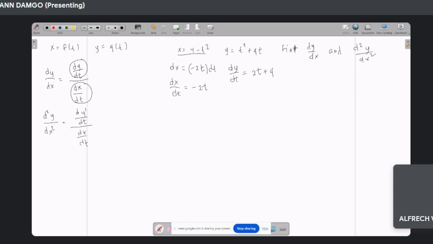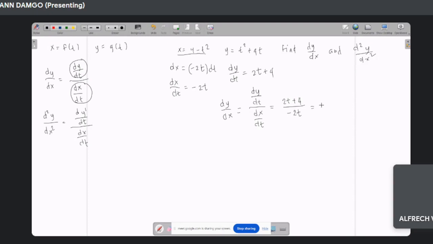Okay? So, ang dy dx, by the theorem, is equal to dy dt over dx dt. So, atong i-substitute, class. So, we have dy dt is 2t plus 4 over the dx dt is negative 2t.